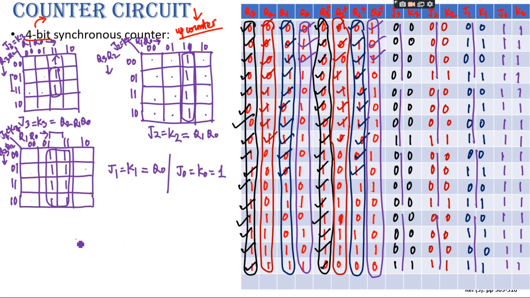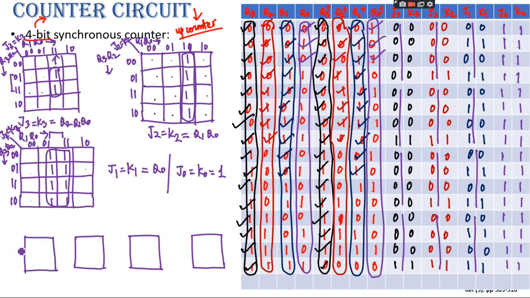So now if I have 4 flip-flops, suppose this is J0 K0 and this is Q0 and Q0 bar, we need to put the same input clock pulse on each and every flip-flop. That's why it is called a synchronous counter, right? Yes, sir.